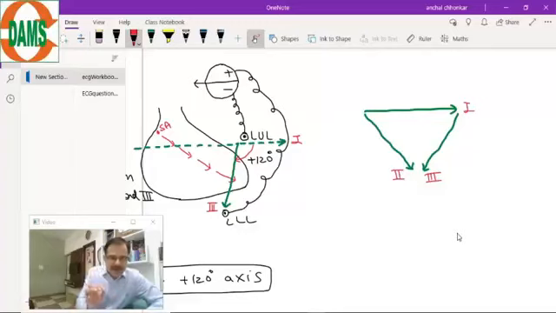The tail is on the reference electrode, the arrowhead is on the exploring electrode. That is the meaning of a vector line. And this triangle is known as Einthoven's triangle, after the scientist who invented the ECG.